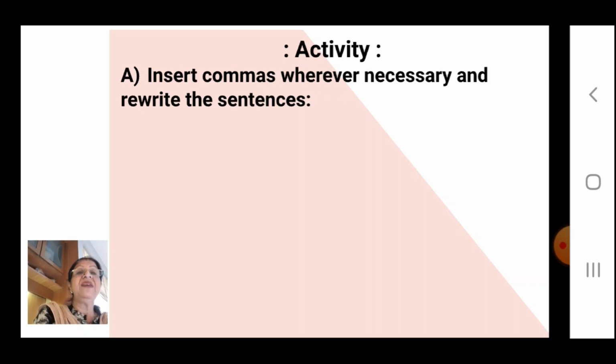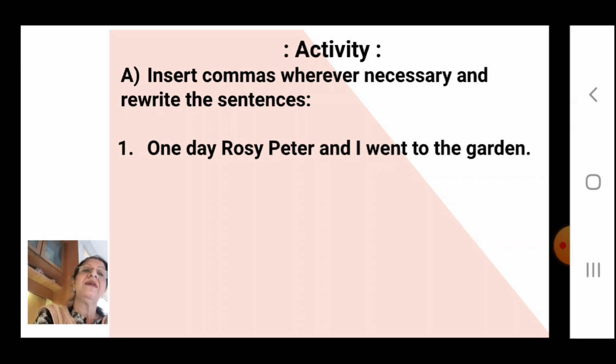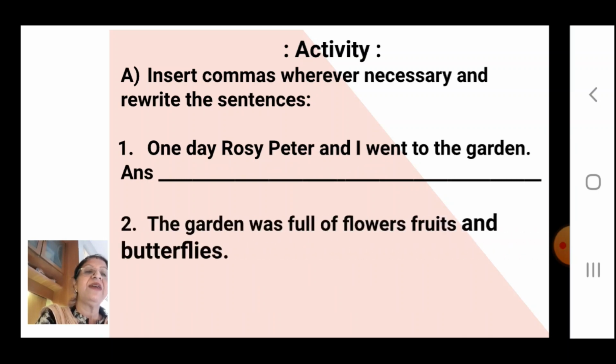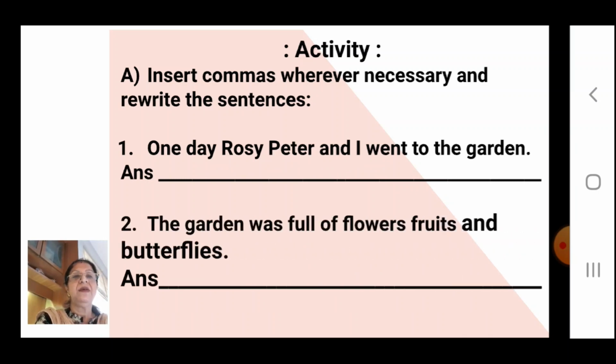Now the activity is: insert commas wherever necessary and rewrite the sentences. So here what we have to do, we have to put commas wherever required and we have to rewrite the sentences.